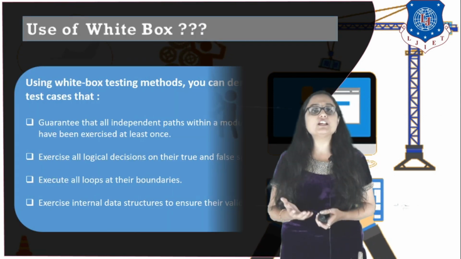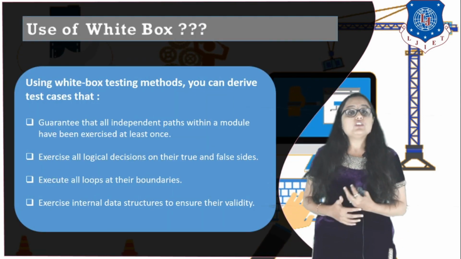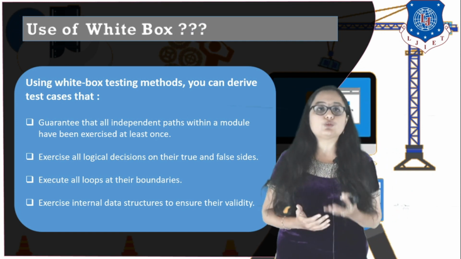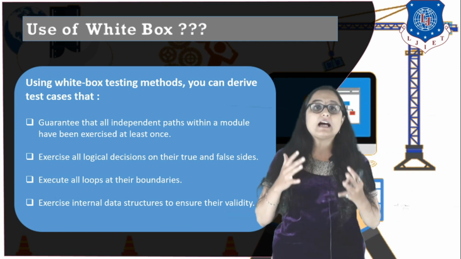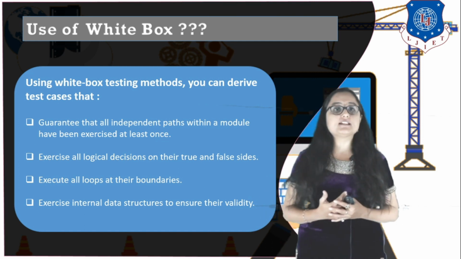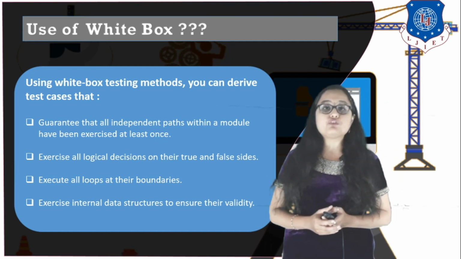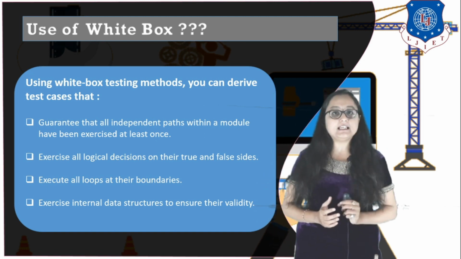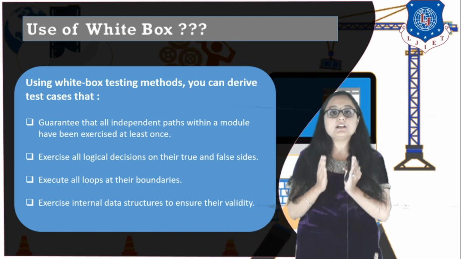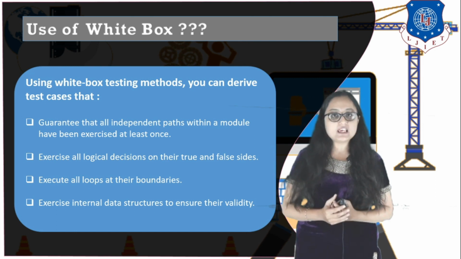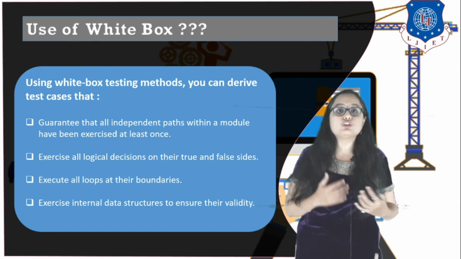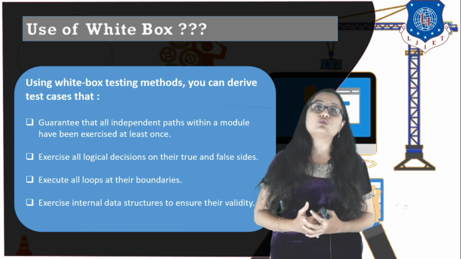Now what is the basic use of white box testing? We can use white box testing to check the code. So all the uses with respect to white box testing are with respect to code also. It means that when we are performing white box testing, we are guaranteeing that whatever independent paths the program has, we are traversing all those paths, right?